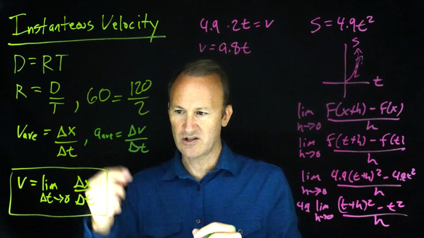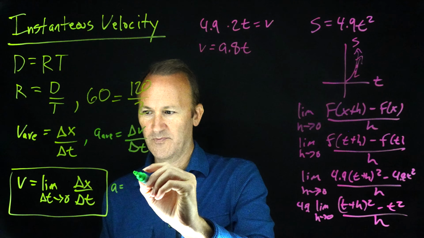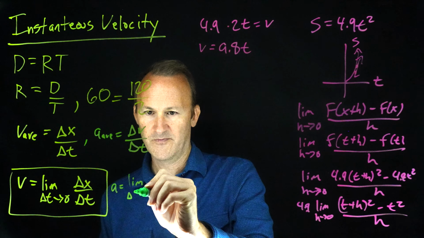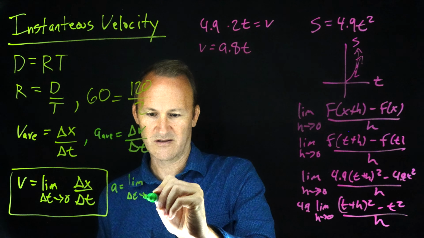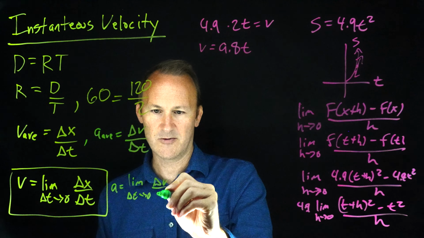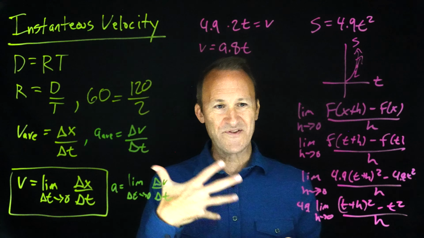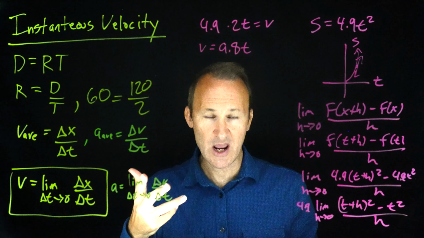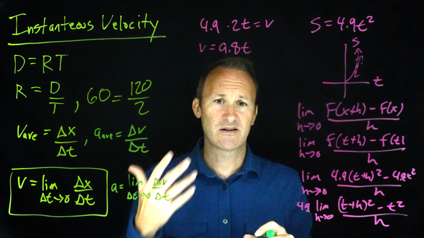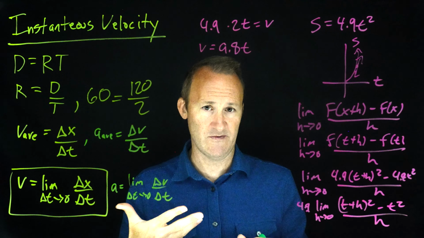So acceleration by definition will be the limit as delta t goes to 0, and in both cases delta t goes to 0, of delta v over delta t. Once again, it is the rate of change of the velocity with respect to time. And the way that you do that is you compute another derivative.